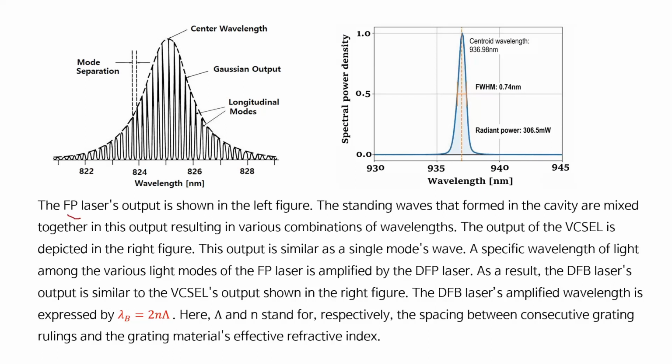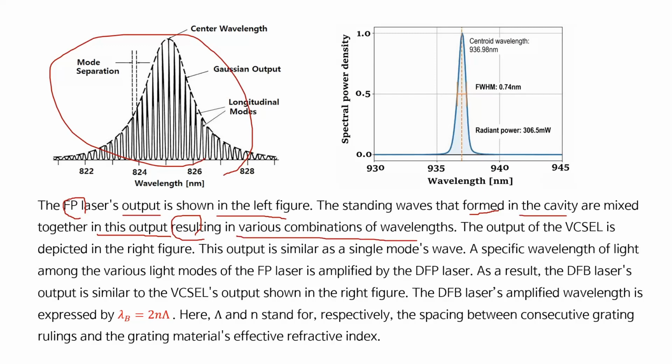The FB laser's output is shown in the left figure, this figure. The standing waves that formed in the cavity are mixed together in this output, resulting in various combinations of wavelengths. You can see here the laser output consists of various light wavelengths.